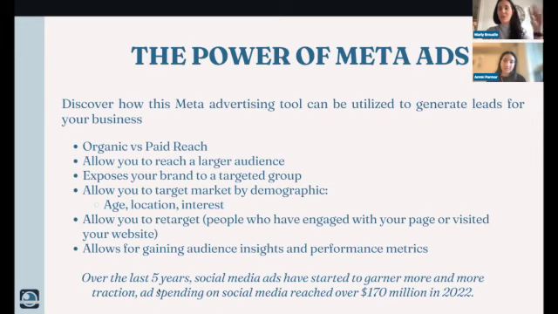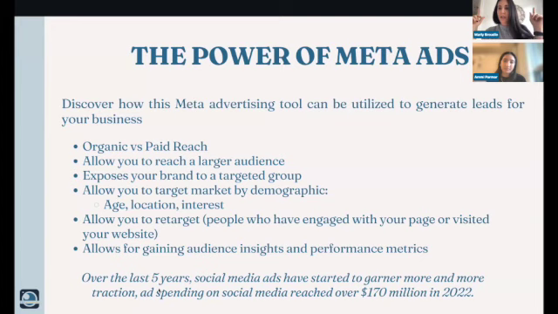But it's important to understand organic reach versus paid reach. Organically, when you put up an Instagram post or a Facebook post, the literature now states that 3 to 4% of your following is seeing your content. That's usually your close contacts, your cousins, your friends, your family members, your internal team members, any supporters of your company.